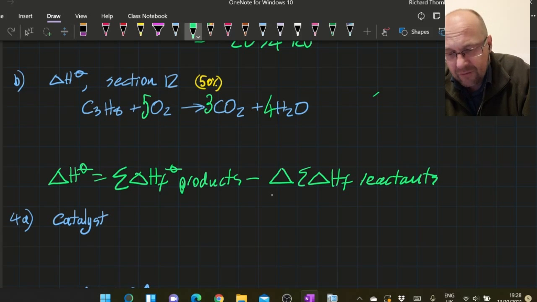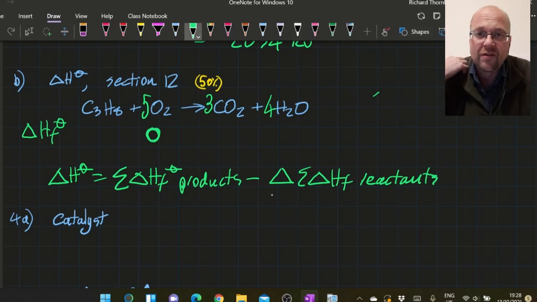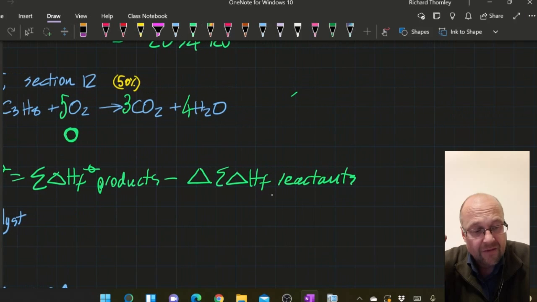The first trick is when you're going to go to the data booklet to look at the heat of formations. I've actually been called into an exam once before. There is no value for oxygen. It's 0. The standard heat of formation for oxygen is 0. And I'll tell you why. The standard heat of formation is making 1 mole of the substance from the elements in their standard state.